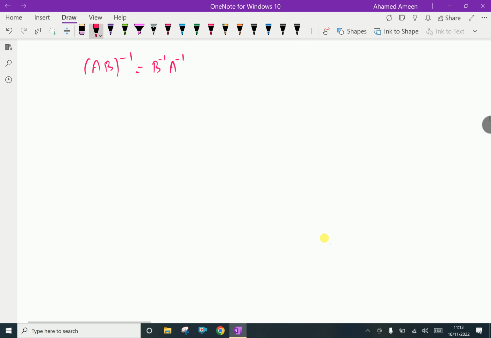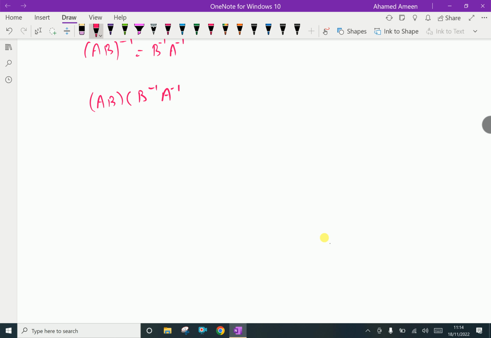Now look at here, using the associative law, first multiply AB with B inverse A inverse, which equals A into B into B inverse, and with A inverse.